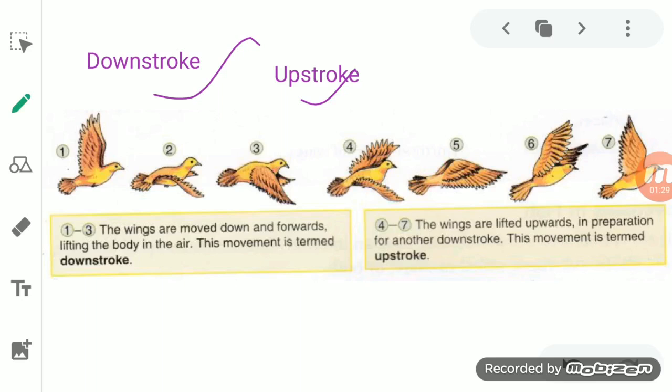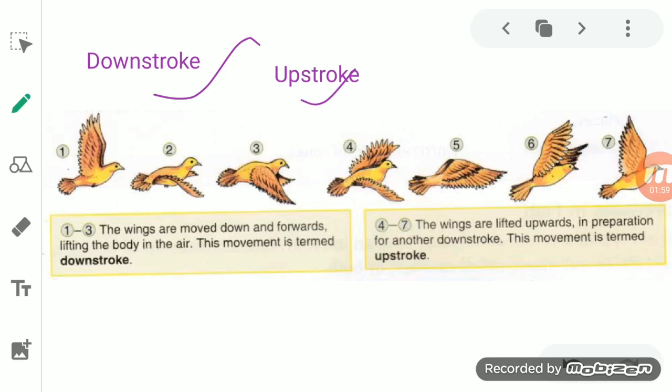They move their wings up and down by the rapid contraction and relaxation of their flight muscles. You know that the flight muscles are responsible for the movement of the wings of the birds.